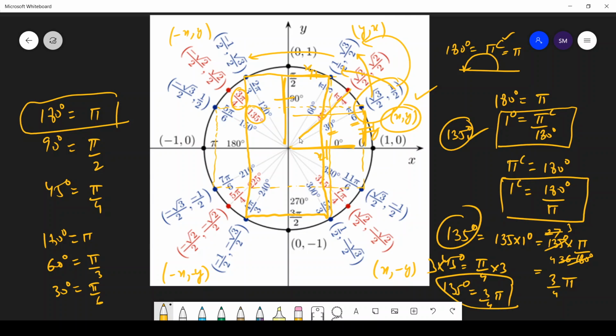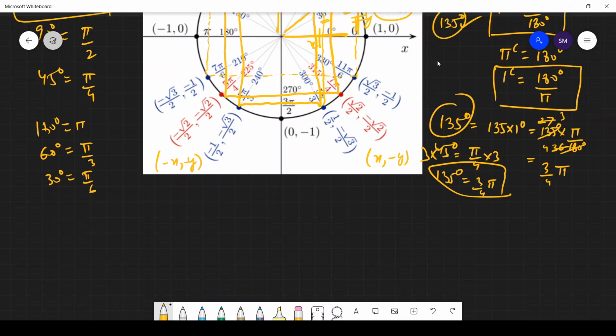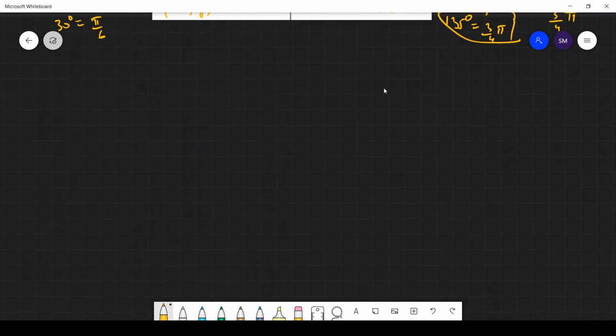Now comes the 45: 1 by root 2, 1 by root 2. This way, students, you can make this unit circle.